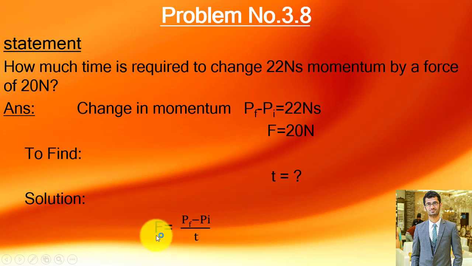Here F is the force, Pf is the final momentum, Pi is the initial momentum, and small t represents the time taken. So, by rearranging the previous equation, we can find the value of time as t is equal to Pf minus Pi over F.